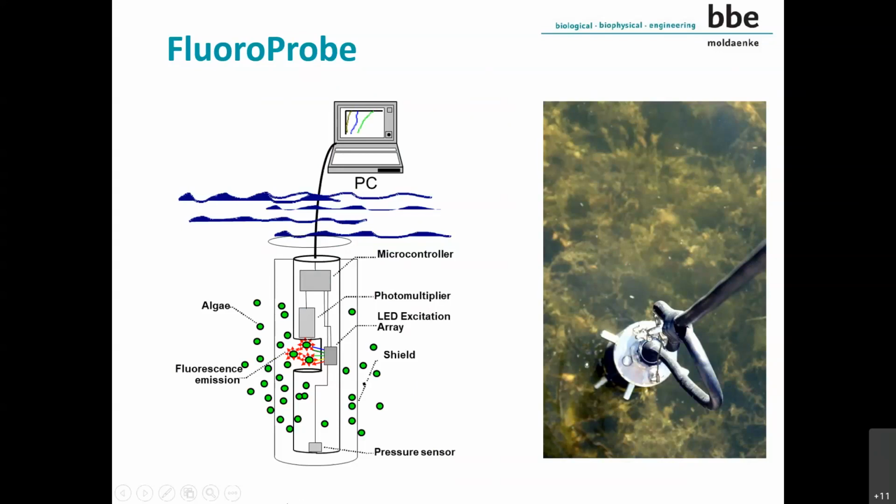On the other side, we have here the pressure sensor, which tells you something about the depth where we are inside of the water. So this instrument can perform rapid measurements. That means that we have, let's say, about 3 measurements per second.